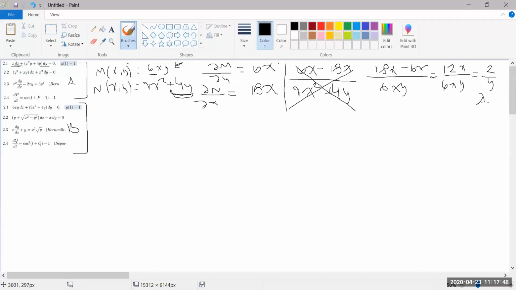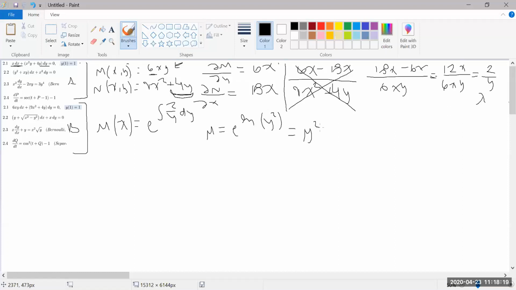Now solving for our integrating factor, our mu equals e to the integral of 2 over y dy. So you get mu equals e to the natural log of y squared. Your e and your natural log go away. You're left with y squared as your integrating factor.